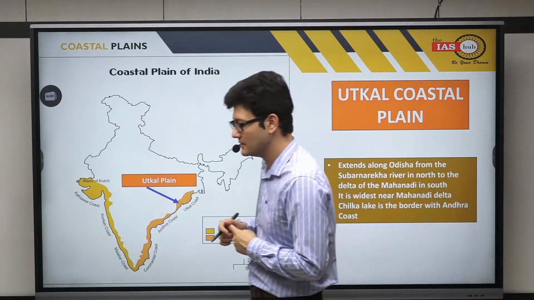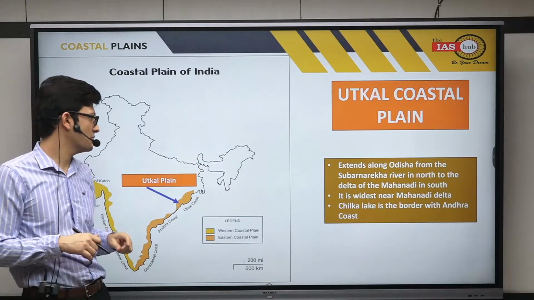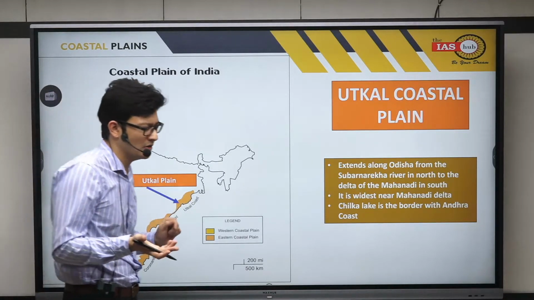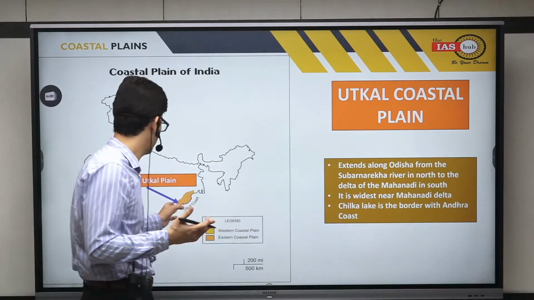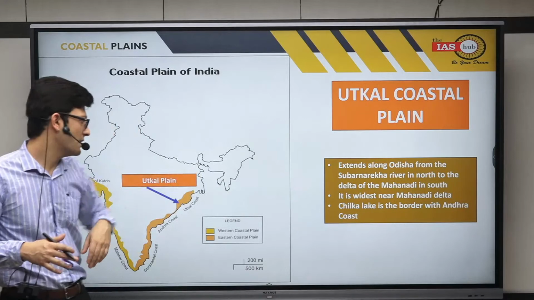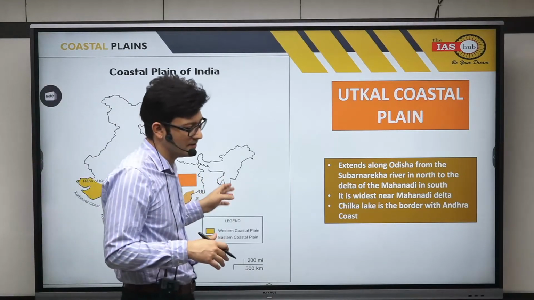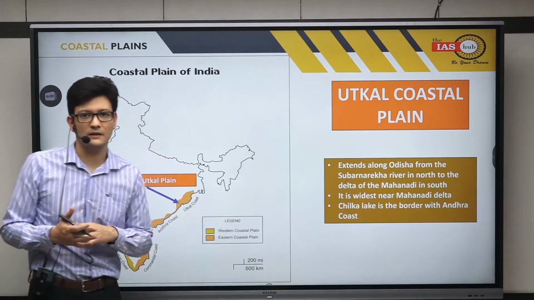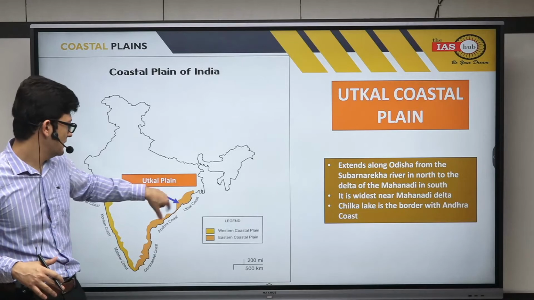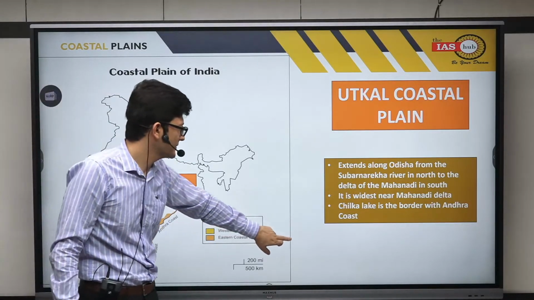Chilka Lake is present in Odisha, and it forms the southernmost boundary of Utkal Plains, along the delta of Mahanadi also. The delta of Mahanadi is also found near the Chilka Lake. So Chilka Lake is at the border with the Andhra coast, and where the Mahanadi delta is also present, the Utkal Plains are at their widest. So mostly the northern part of Odisha is covered in the Utkal Plains.